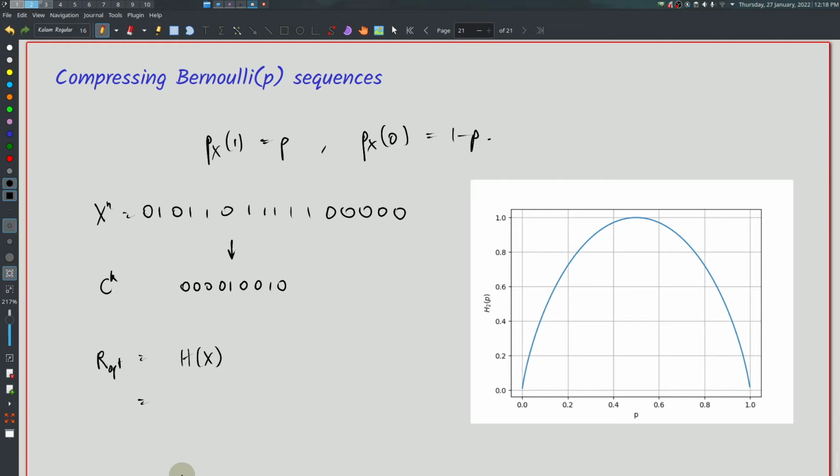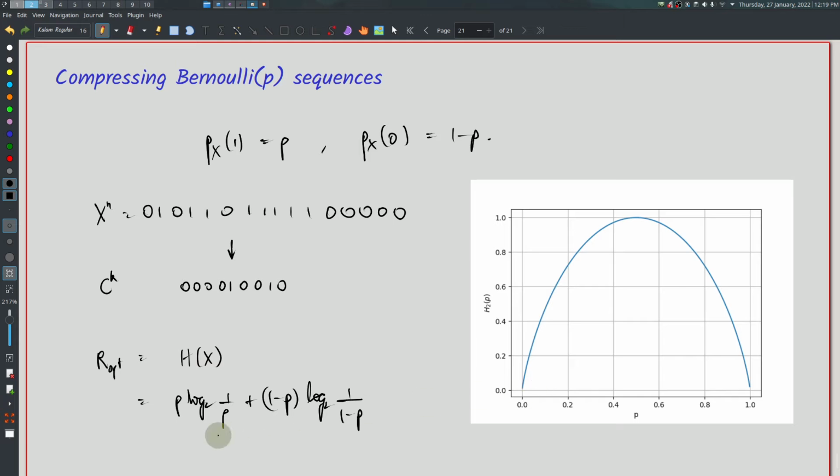In this case, since we're looking at Bernoulli P sequences, this is equal to P log 1 over P plus 1 minus P log 1 over 1 minus P. So by definition, this is the entropy. If you're trying to construct variable length zero error codes, we know that this is the optimal rate of compression. We'll see that even if we want to do fixed length compression with vanishing probability of error, this is still the optimal rate of compression.